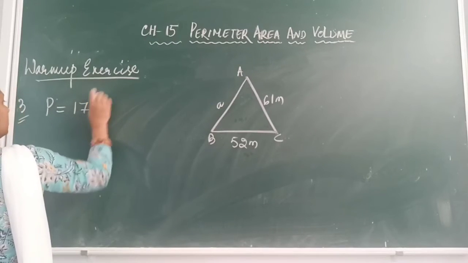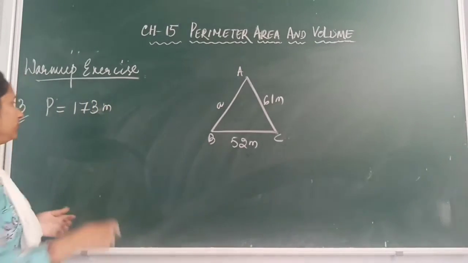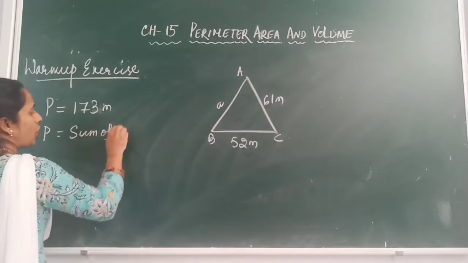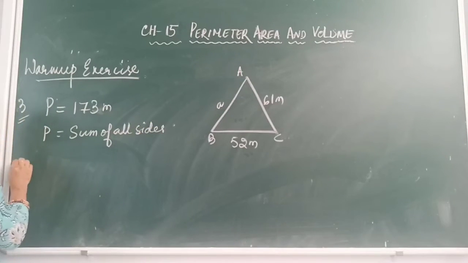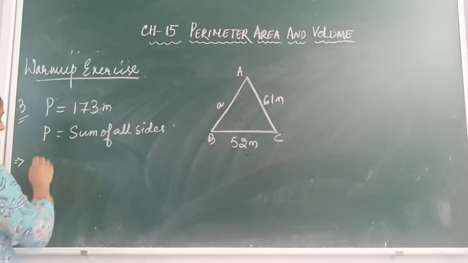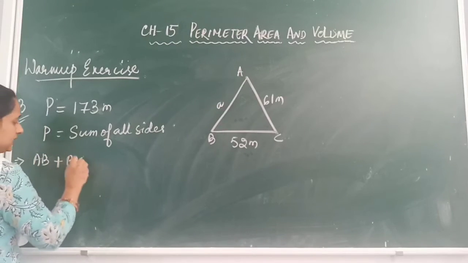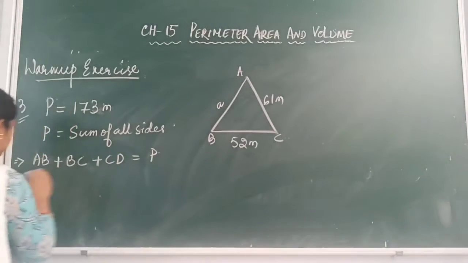But what is the perimeter of any given rectilinear figure? Perimeter is equal to the sum of all sides, isn't it? So here the sum of AB plus BC plus CD will be equal to the perimeter, isn't it?